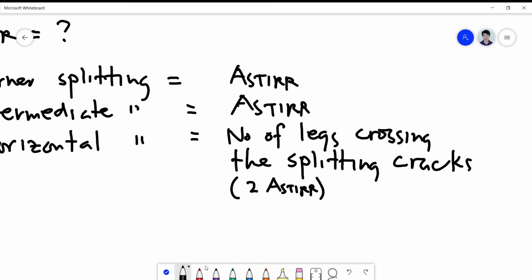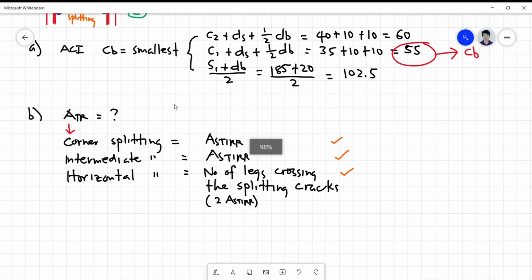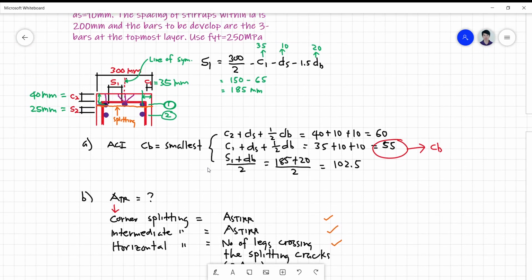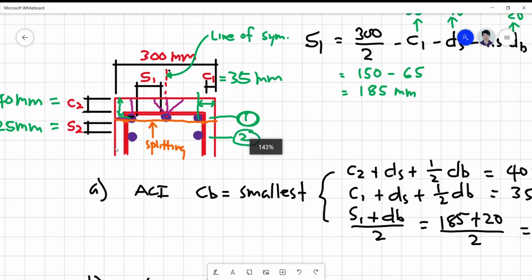But we have to check which is the potential failure that will happen. Okay, and how are you going to determine which will happen? It's a prediction, no? And you can predict it by simply looking at the values of C1, C2, S1, and S2.